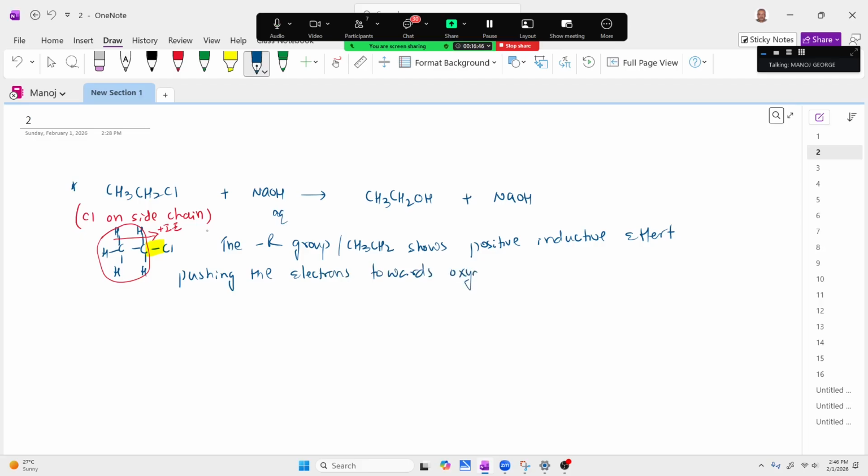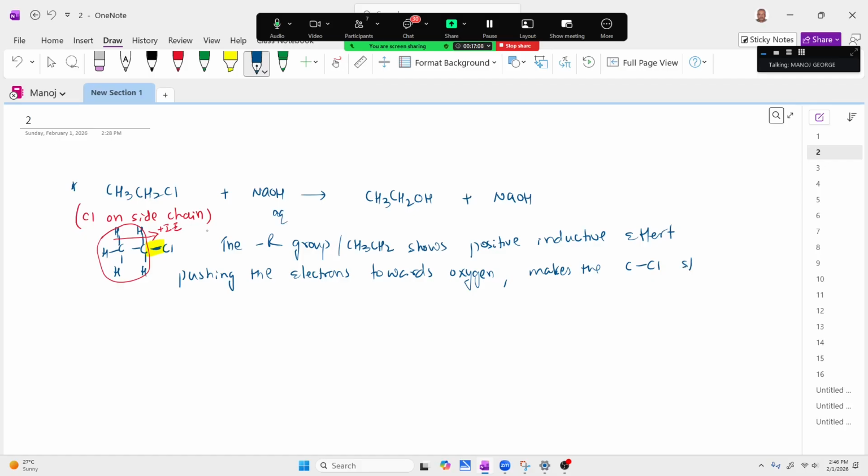Now, what is the consequence of this on the CCl bond? This actually makes the CCl bond, because there is greater electron density coming in this area, become strong, but I'm sure you understand it is becoming strong, but it is not as strong as in chlorobenzene.